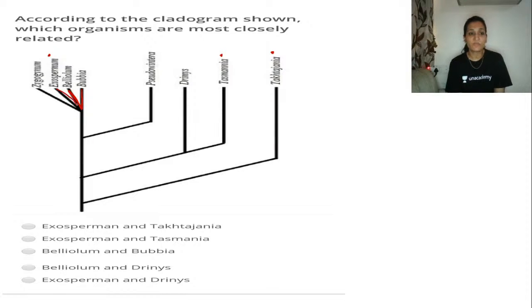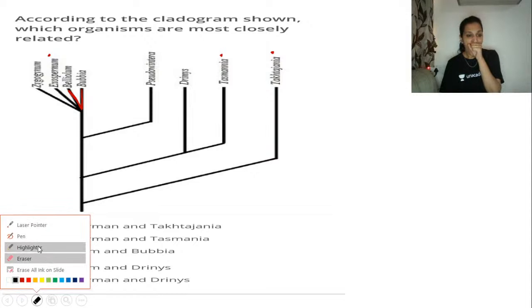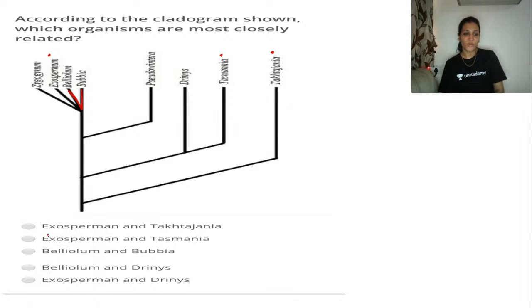And if you are going to draw Exospermum to Tasmannia, you have to draw very, very long lines, and it is quite far away, and many other things are also coming in between. But when you are seeing Belliolum and Drimys, you cannot see any other thing interfering in between. So some of the things are parallel to this, but at least they both are in a common V. So they are the most closely related species.